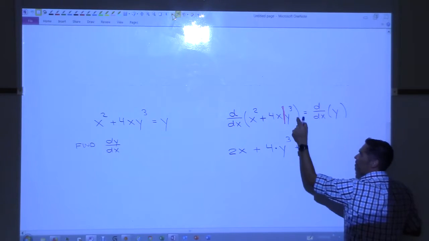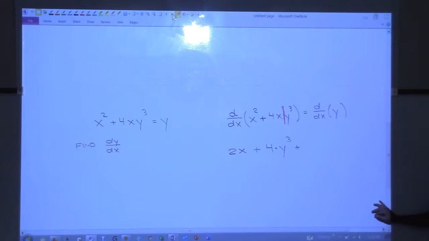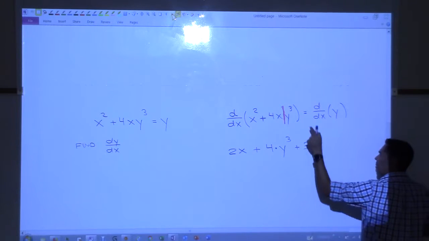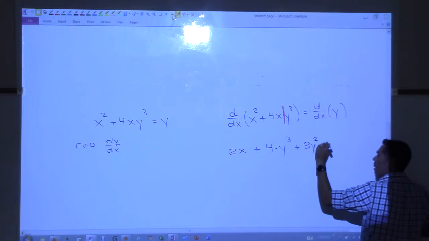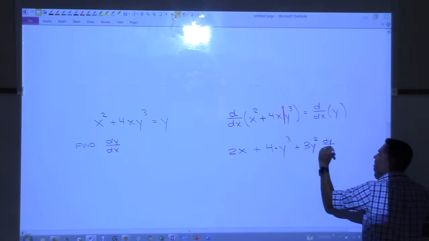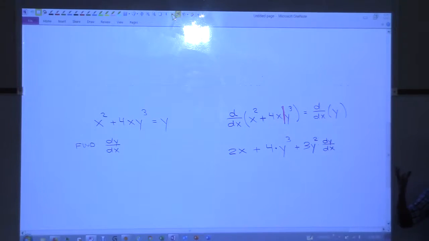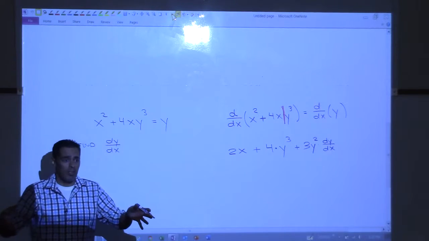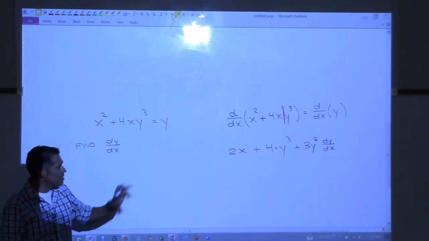Plus, now the derivative of y cubed. 3y squared. And then times the derivative of the base, which is y, with respect to x. So there's my dy/dx, right? That's where it's going to appear. I told you, if you're looking for this, then when you take the derivative, it should appear somewhere, shouldn't it? Okay, now I'm not quite done with the product rule, right?